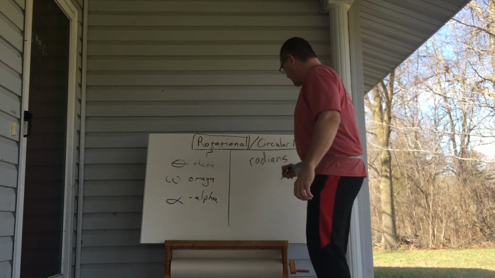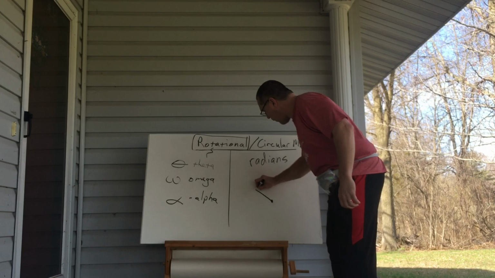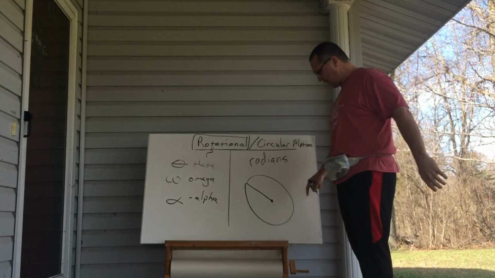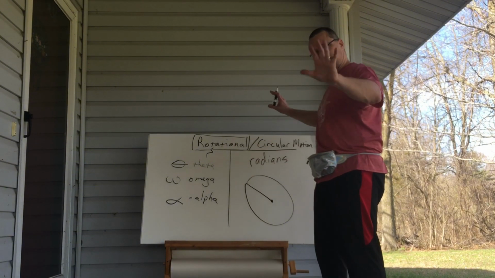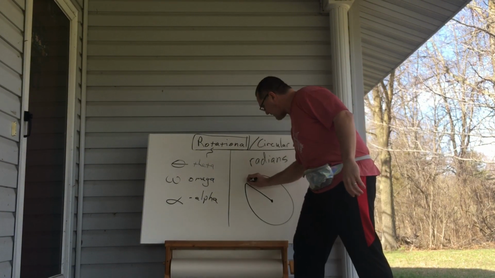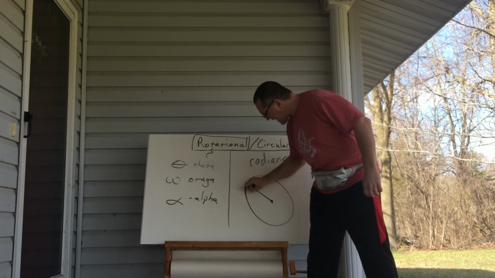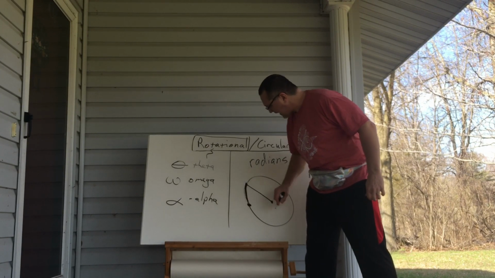Okay? So, if you have something that is going in a circle, my circles are usually better, but I'm at a different frame of reference here. If you have something going in circular motion, that dot travels a certain distance.